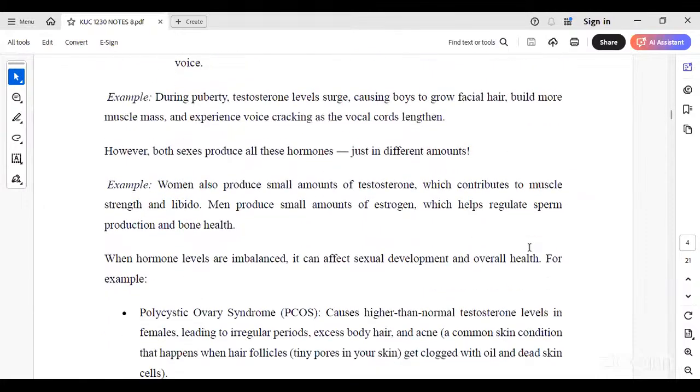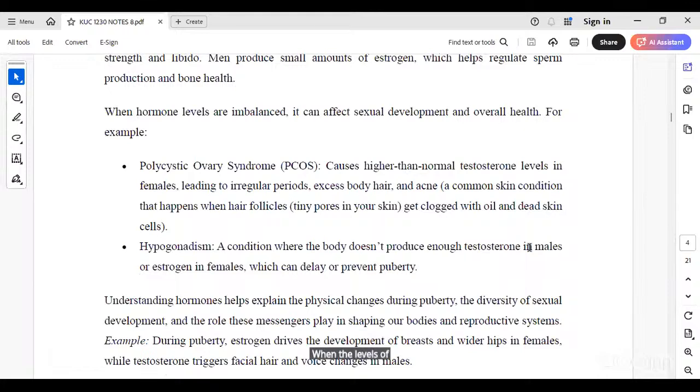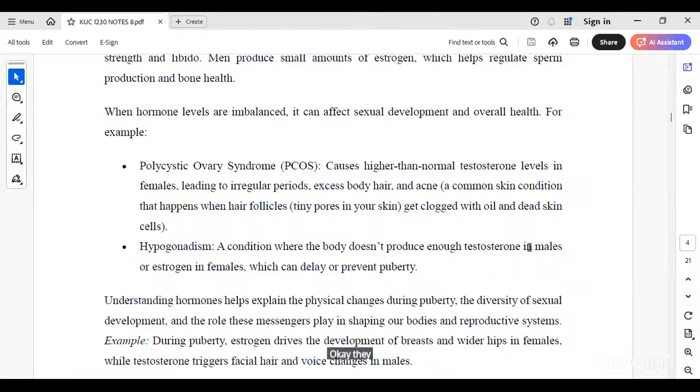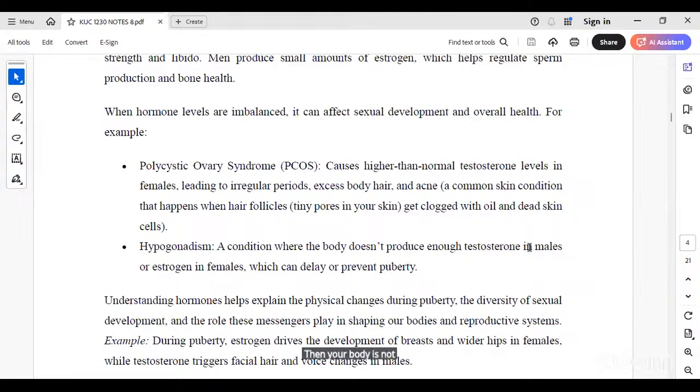So when the levels of these hormones are imbalanced, they can affect sexual development. Okay, they can affect sexual development. So the case where both the male hormones and the female hormones, your body is not producing enough, we call it hypogonadism.